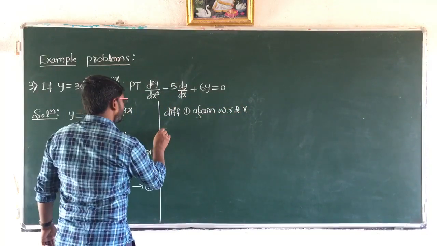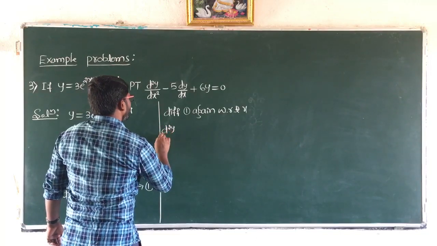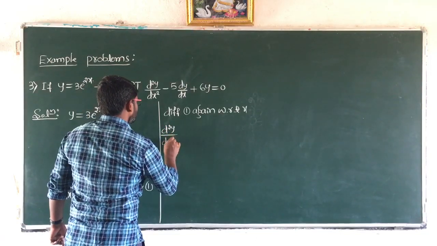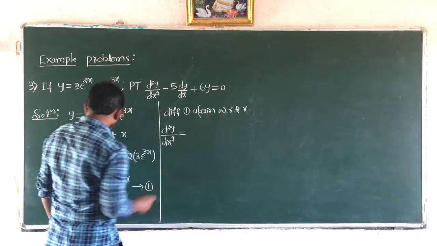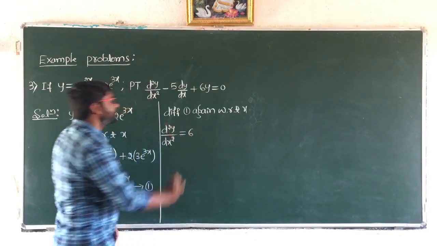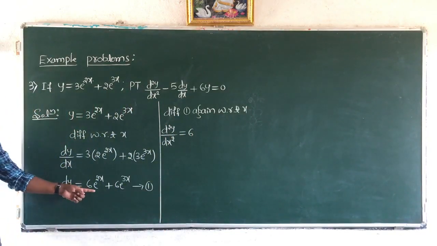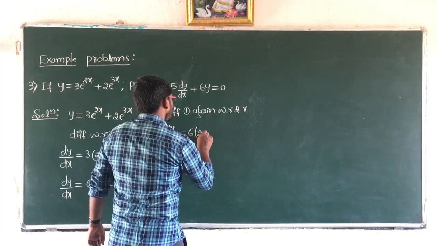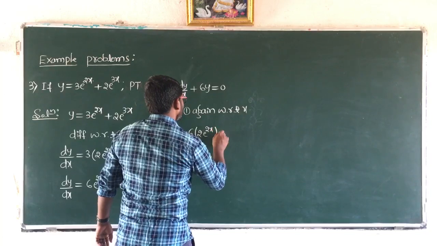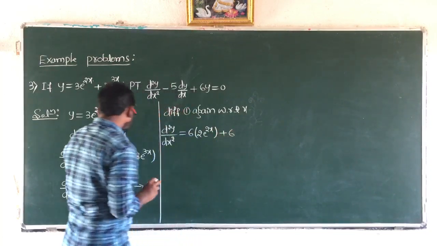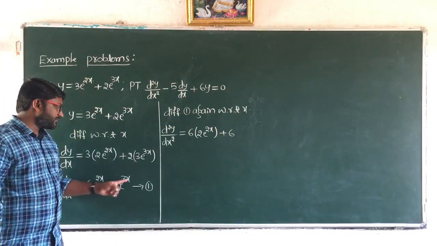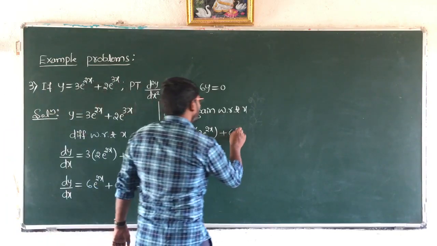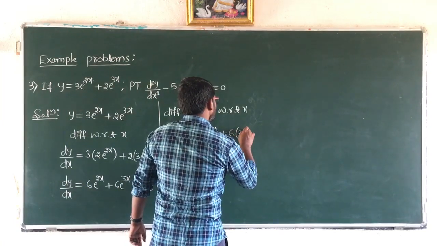So we get d square y by dx square, which is equal to, here 6 is a constant, write it as it is. Then derivative of e raised to 2x will be 2 times e raised to 2x, plus 6, again write it as it is. Derivative of e raised to 3x will be 3 into e raised to 3x.